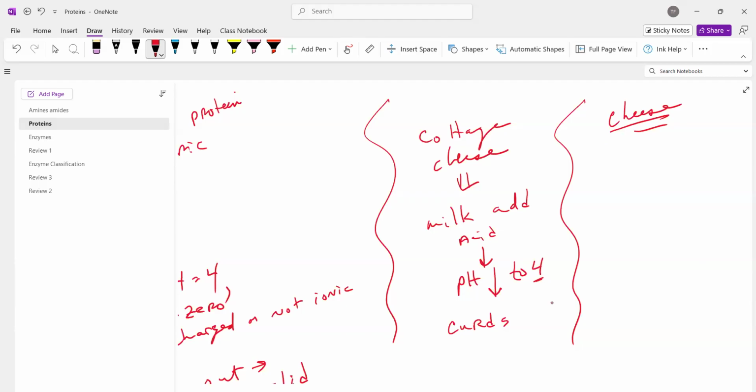They end up making, these are lactobacillus, the bacteria make lactic acid, and they make more and more lactic acid till it approaches pH 4. And the curds form because it's now net zero charge.